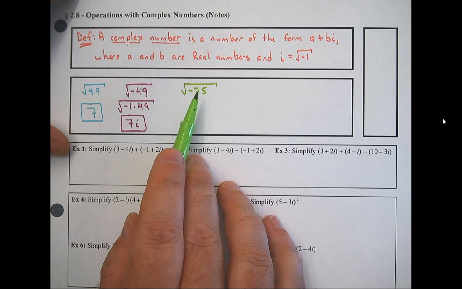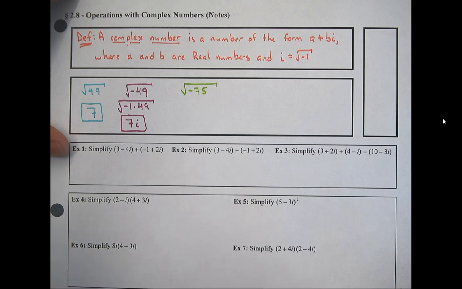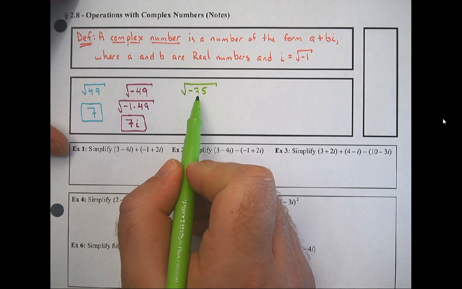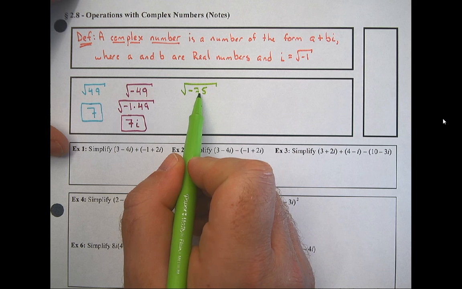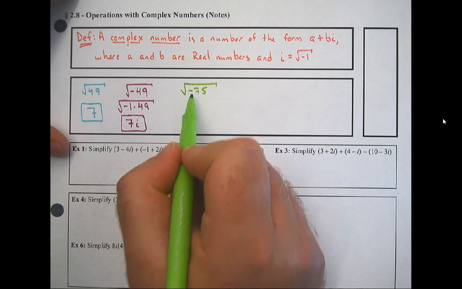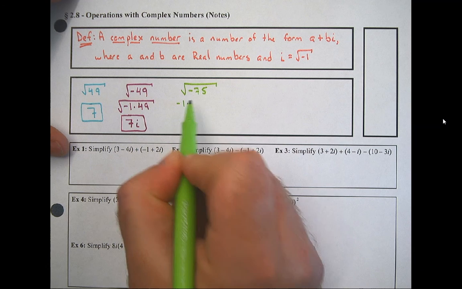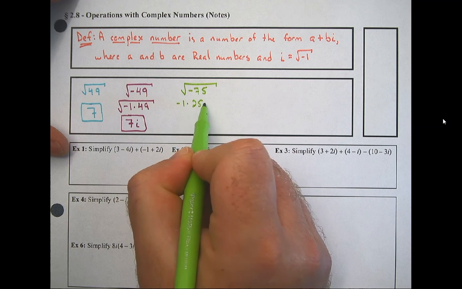So I want to find a perfect square that goes into 75. Hopefully you figured out that 25 is the biggest perfect square that goes into 75. So I'm going to split this up into a negative 1, a 25, and a 3.